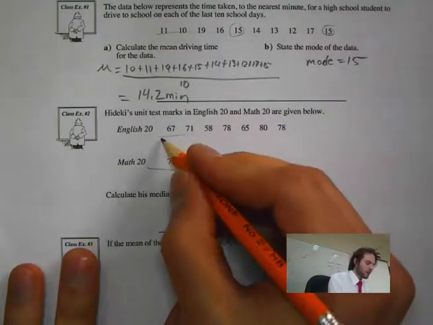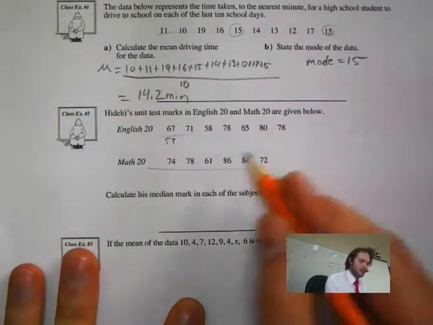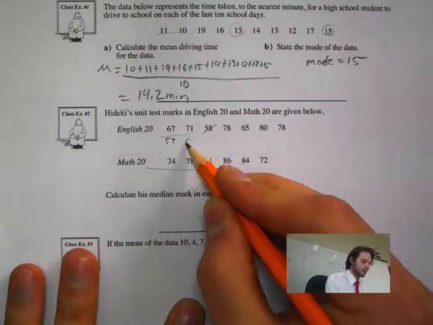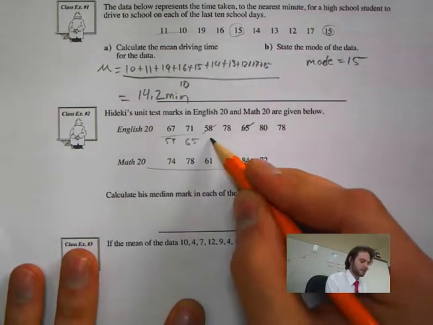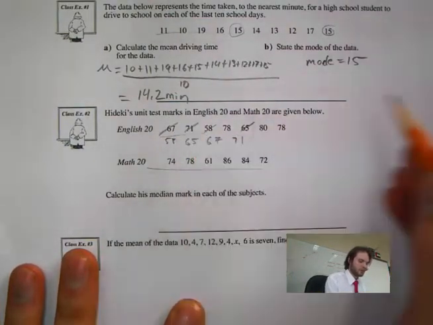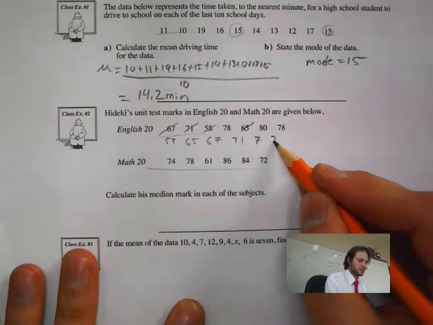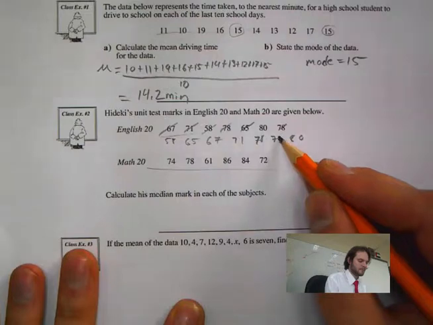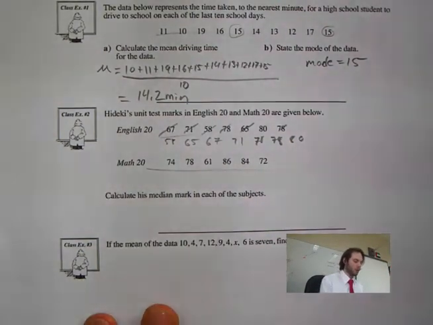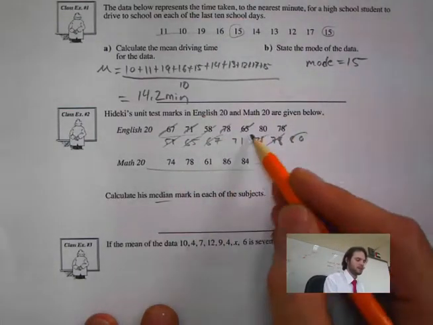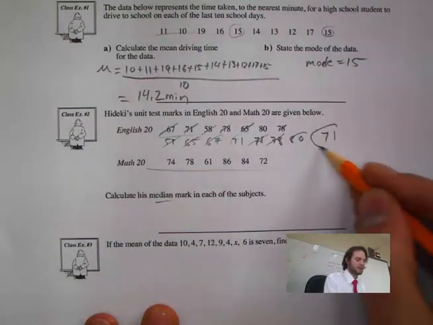My smallest is 58, then 65, 67, 71, 78, 78, and then 80. What is his median mark, the one in the middle? Crossing from each end, it's 71. So his median is 71 for English.